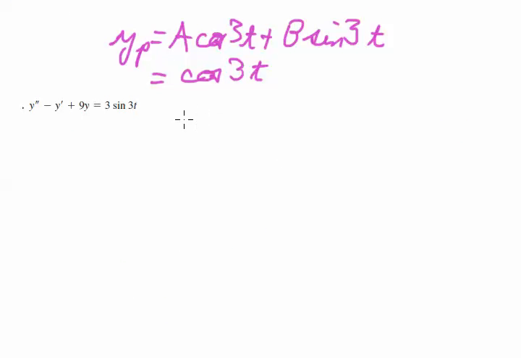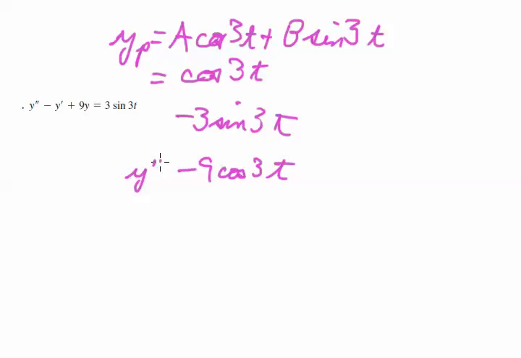We can verify that y prime is negative 3 sine 3t, and y double prime is negative 9 cosine 3t.